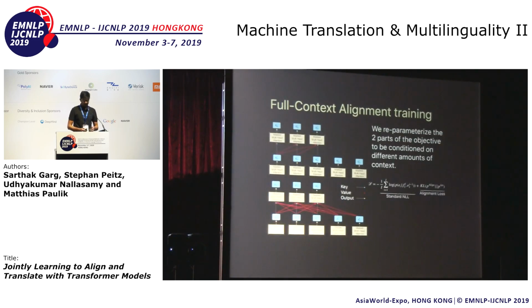We then reparameterize the two parts of our objective to be conditioned on different amounts of context. The standard negative log likelihood translation loss is computed using the H set of embeddings, just on the past context, and the alignment loss is computed based on the G set of representations, which can take advantage of the full context.